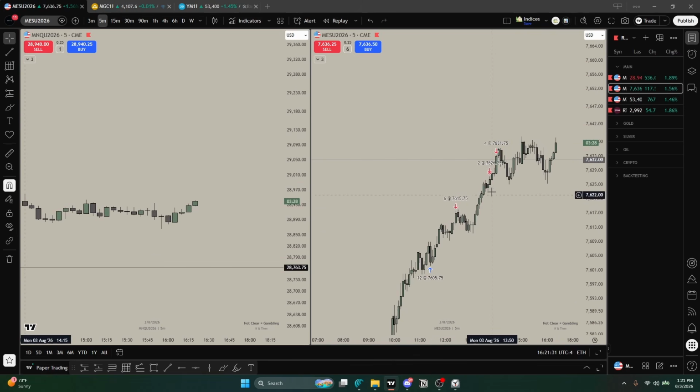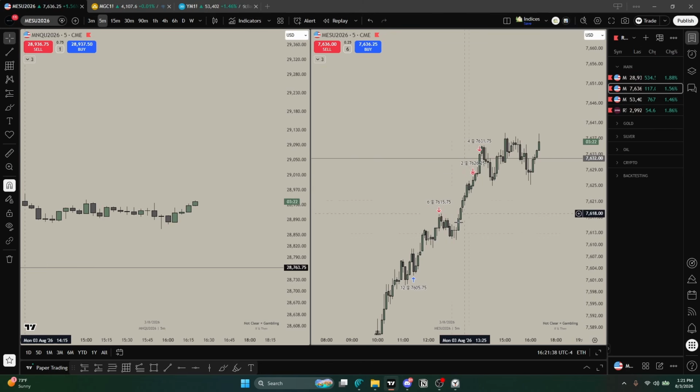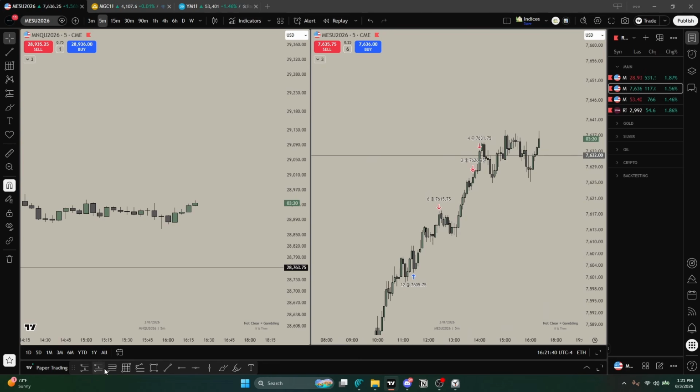So yeah, I took off. I don't know why I did that. I definitely lost some money by doing that, by price glitching and doing that. But yeah, so I entered here, took off there. Well, beautiful trade. If I actually took it, that was a 2R right there.